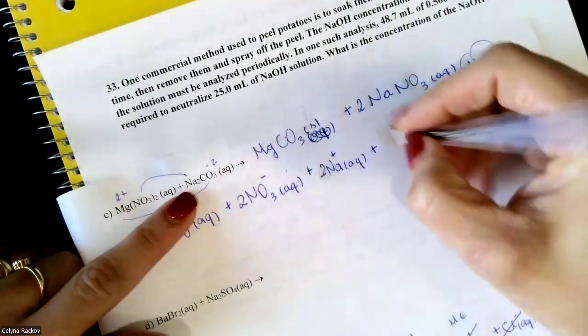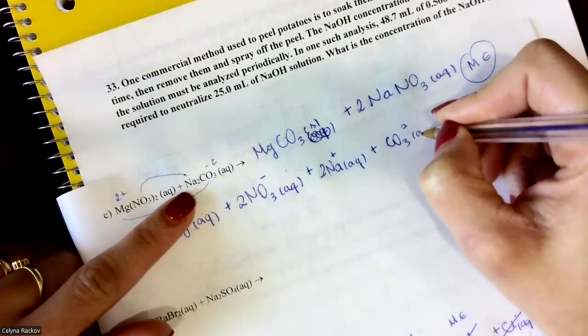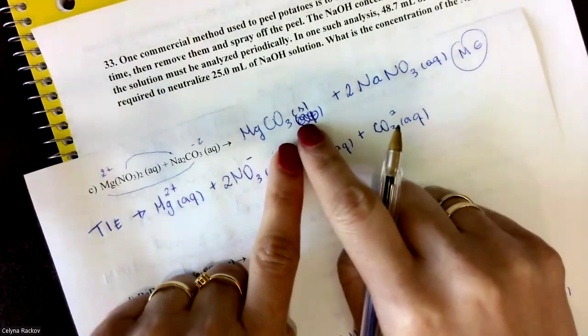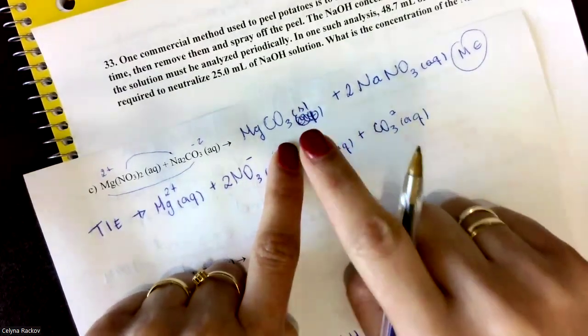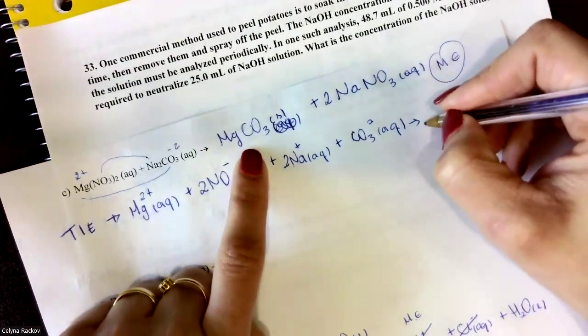Plus 1 carbonate equals, right? Magnesium carbonate, solid, sticks together, right? It does not dissociate, so just repeat it as it is.